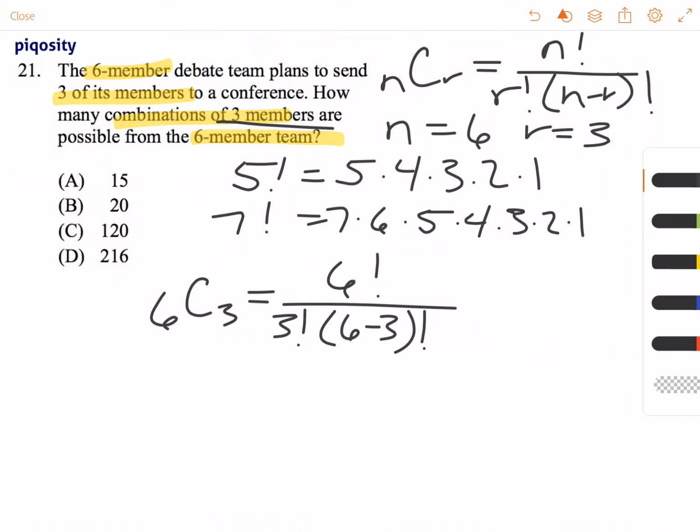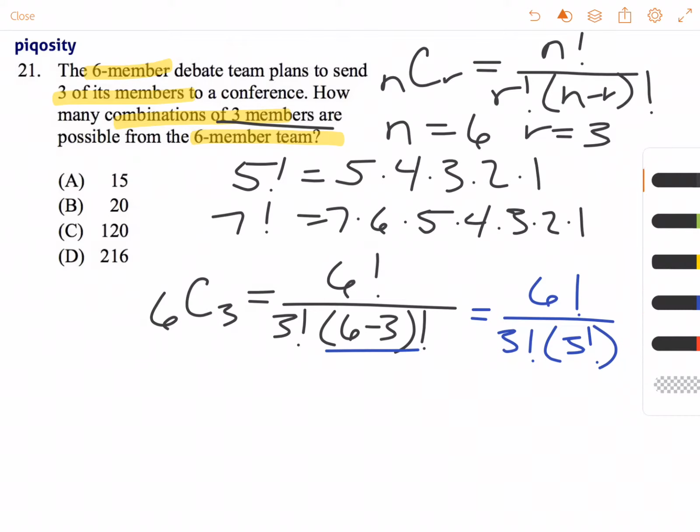Okay, so let's just go ahead and simplify this part to 6 minus 3, which is 3. So we have 6 factorial over 3 factorial times 3 factorial.